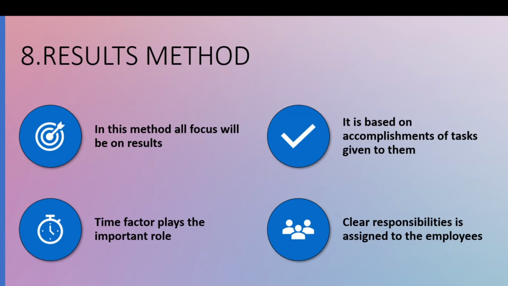For example, if a salesperson is given a target of selling 100 products within a fixed time period, then the organization checks whether the salesperson has completed the target or not, rather than the methods he used to reach the target. It means the organization is mainly focusing on results.